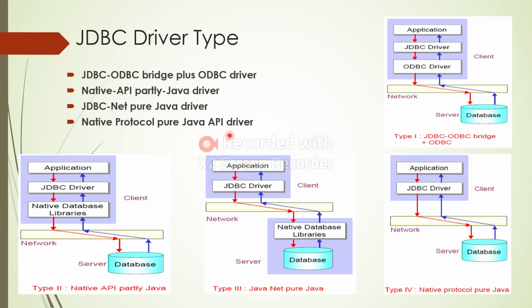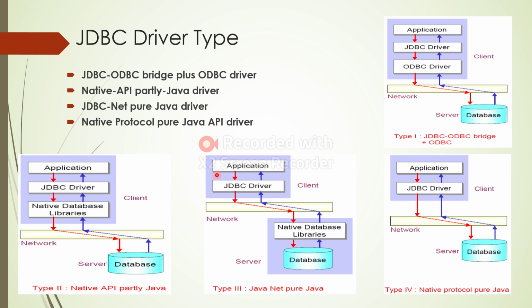Something like the collection API. The collection API is already available with the JDK, right? Similarly, any extra classes or interfaces which are not included, you have to include first in your application, and then you are going to use them. Get the point?